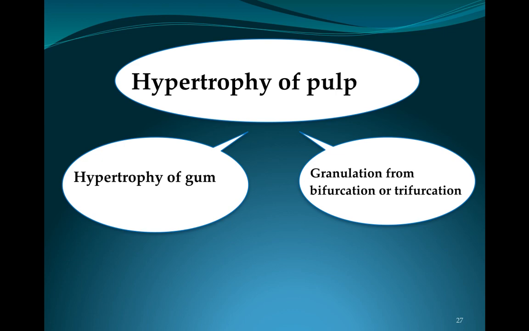That's why we should say that if there is a black area around the roots and this black area connects with the pulp chamber, it means that there is granulation from bifurcation or trifurcation. And then we have to check clinically also.